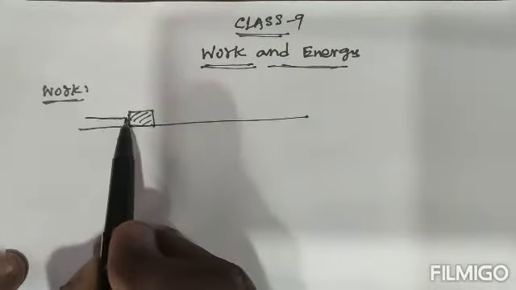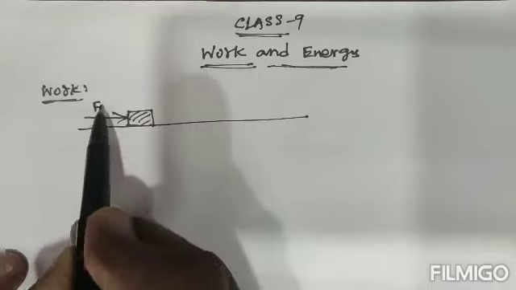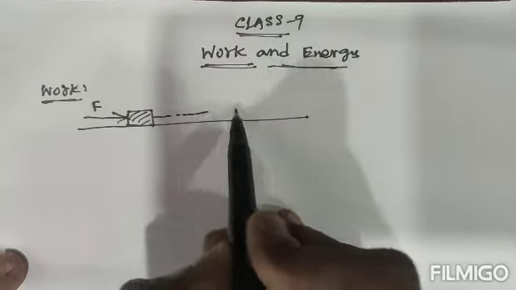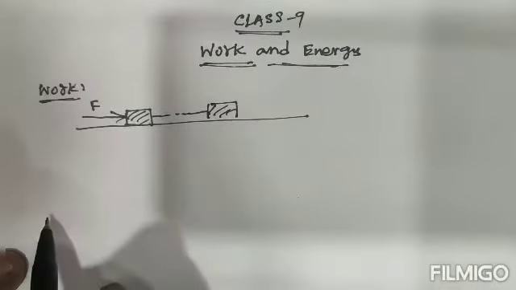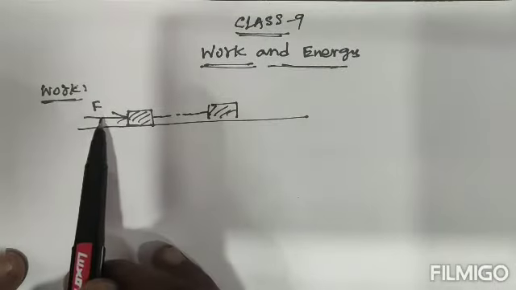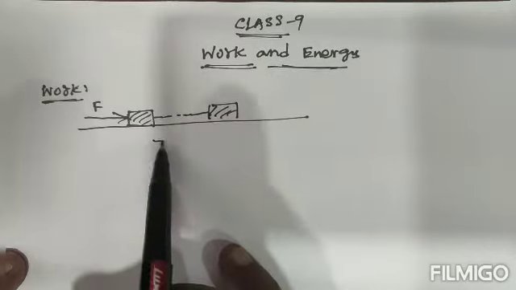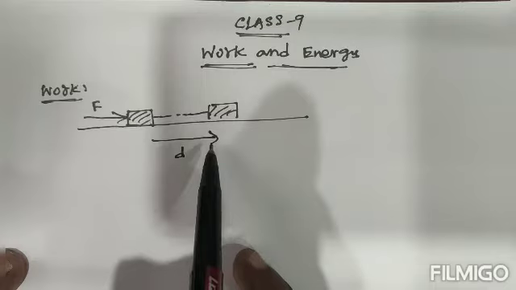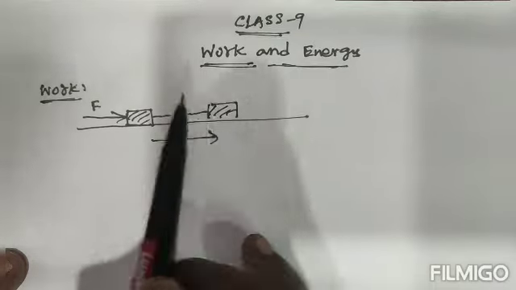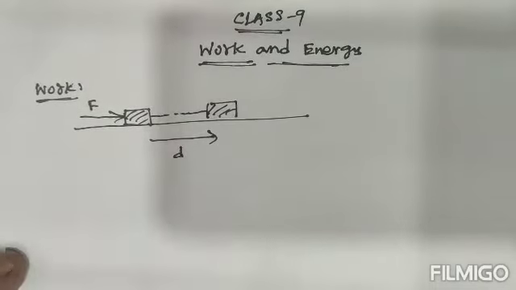Now we can apply force on the object. After that, it will be displaced from one place to some other place. So now I applied force, so this object displaced from here to here, the same object. So that is generally work, right?